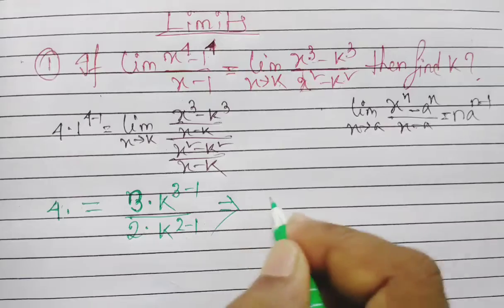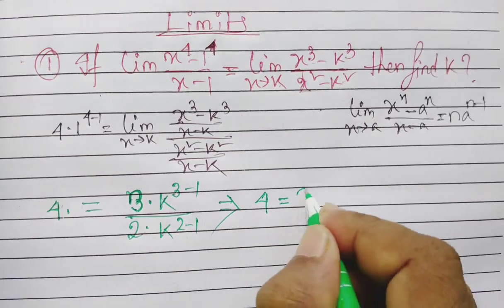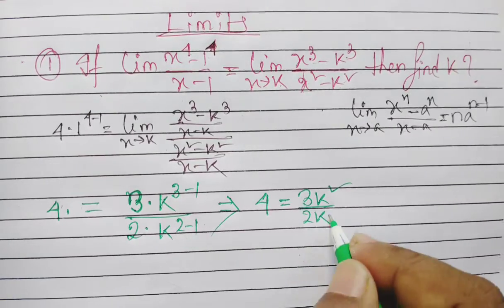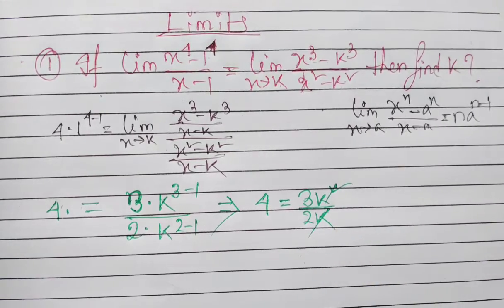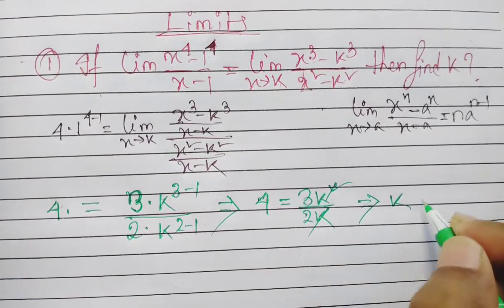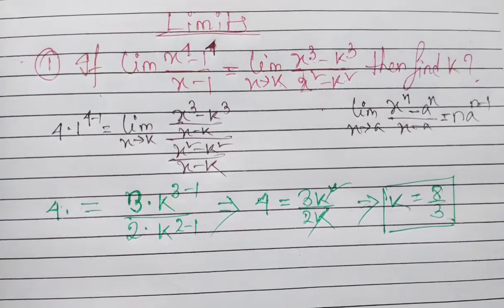So 4 is equal to 3k square by 2k. Now one k cancels out, so k is equal to 4 twos are 8 by 3. So our answer will be 8 by 3.